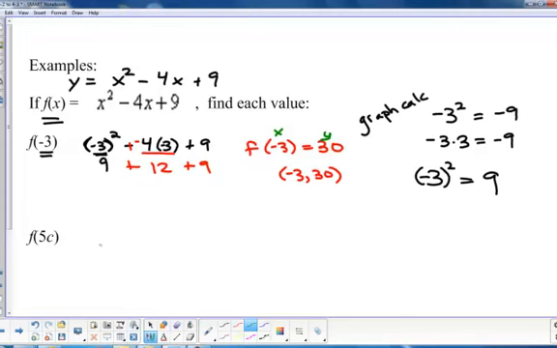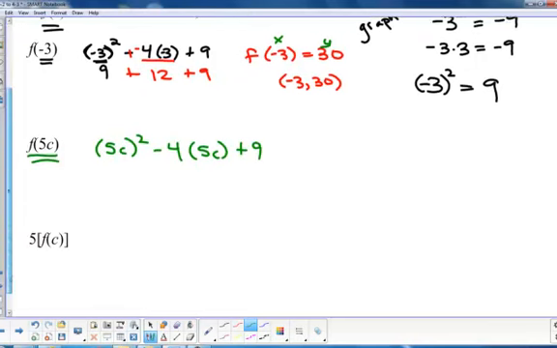This is function notation. This time we're going to plug 5c in, a letter. So this is going to be even more exciting. So 5c squared, that means they're both squared, minus 4 times 5c plus 9. All right, 5c squared means we're going to square both the 5 and the c.